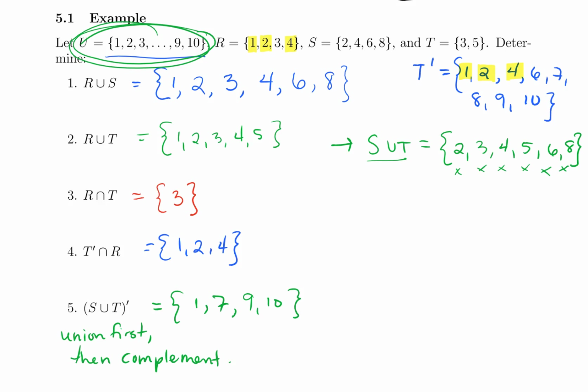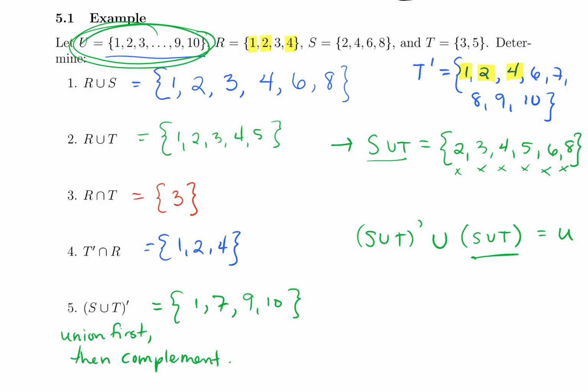So here's another thing, that's sort of how you can check your complement. If you union the complement of S union T with S union T, you should get everything. You should get the universal set. That's because the complement is everything in the universal set that's not in S union T. So if you union the two together, you should get your original universal set.